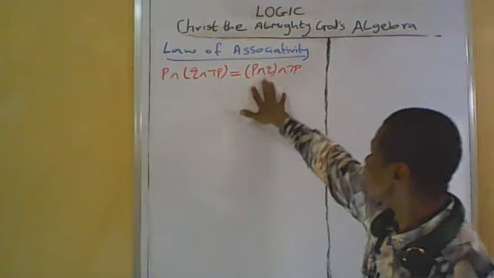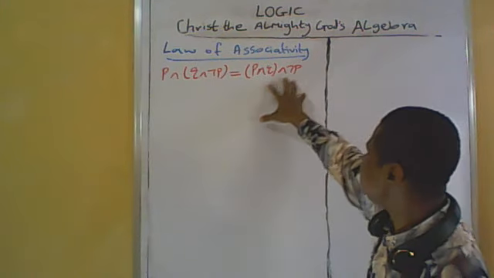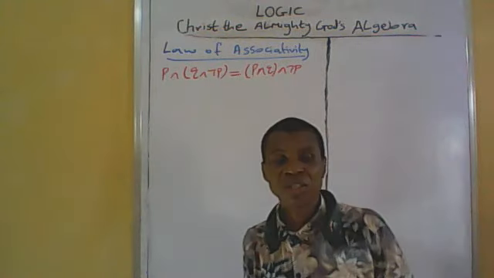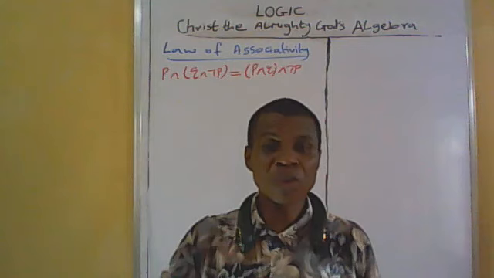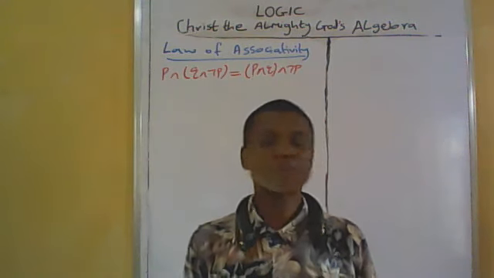They are being connected by the and connective. That's why it is a conjunctive statement. So we say that it is law of associativity by conjunctive statement.